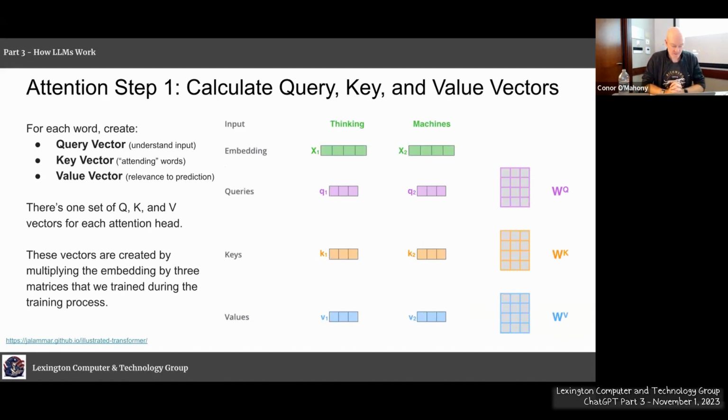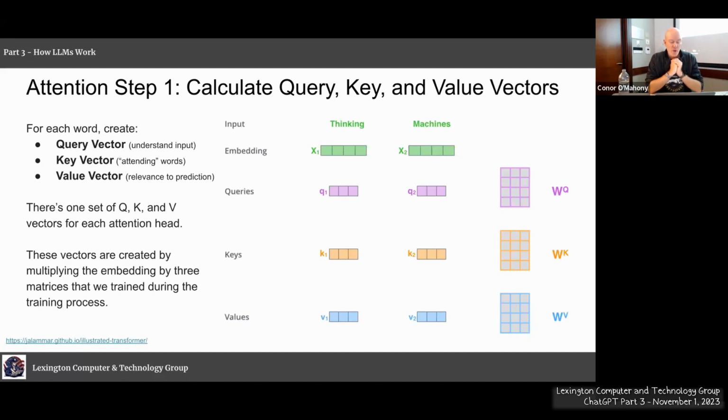For each word, there are going to be another 3 vectors. A query vector, that's focused on understanding the input. A key vector that's focused on figuring out the words that deserve most attention. And a value vector that indicates its relevance to predicting the next word. So for each word, we've got these 3 vectors: Q, K, and V.